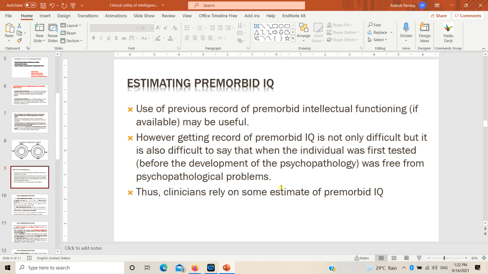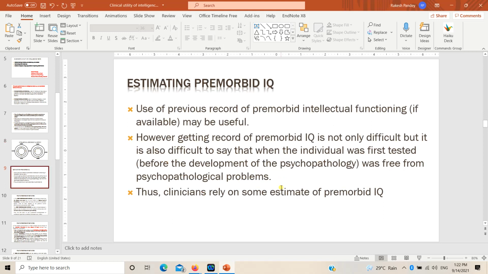But even if we are able to have the premorbid IQ from past records, it will not be very useful, because we cannot assure that when the IQ was assessed, the individual was really free from psychopathology, because he or she might have been assessed for IQ but not for psychopathology.